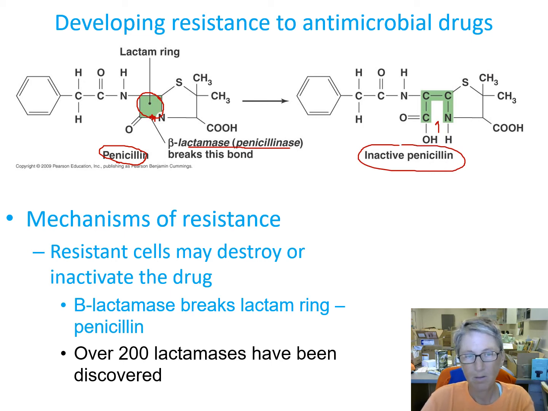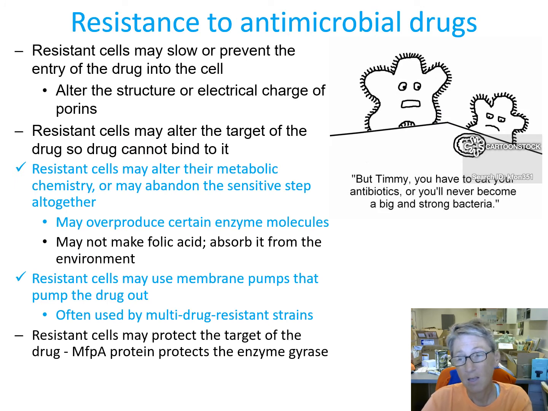So if you are a bacteria and you don't want penicillin to kill you, you could, luckily, have this enzyme, beta lactamase, that when you're exposed to the penicillin, you break this lactam ring, and now penicillin doesn't kill you. Over 200 lactamases have been discovered. So penicillin's been around for a while, at least en masse since the 1940s, and bacteria have developed ways to overcome the killing effects of penicillin.